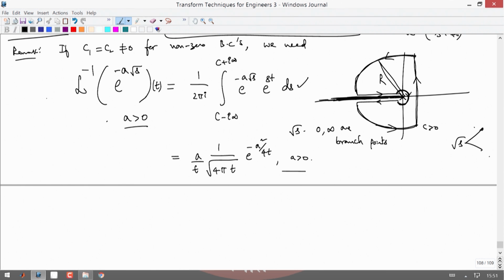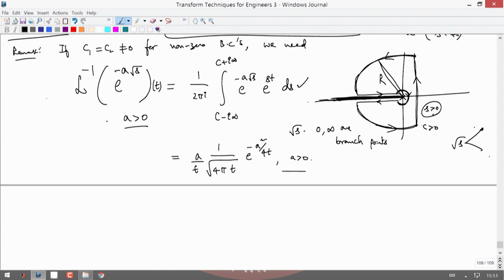That is why we always choose this line. Our domain is only this side, because s is positive, for which e power minus a root s is an analytic function on the whole positive side.